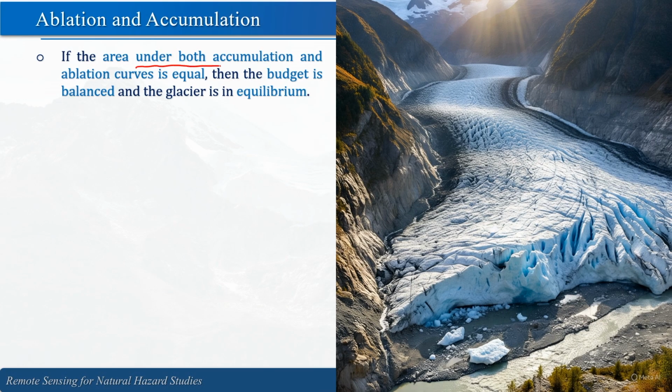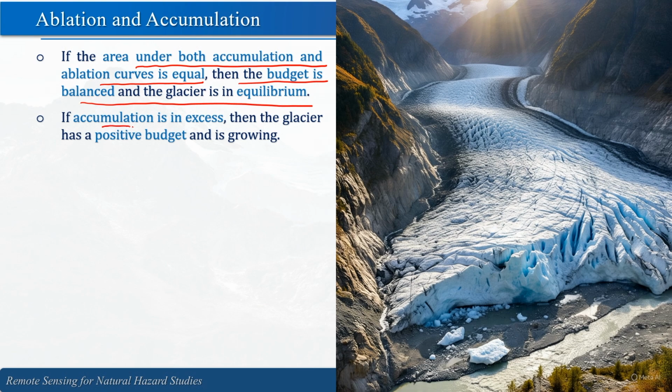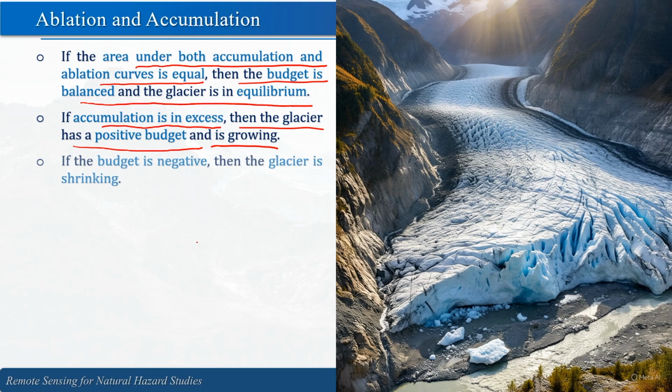If the area under both accumulation and ablation curves is equal, then the budget is balanced and the glacier is in equilibrium. If accumulation is in excess, then the glacier has a positive budget and is growing. This is what we discussed in the previous slide. If the budget is negative, that means melting is more than the accumulation, then the glacier is shrinking.